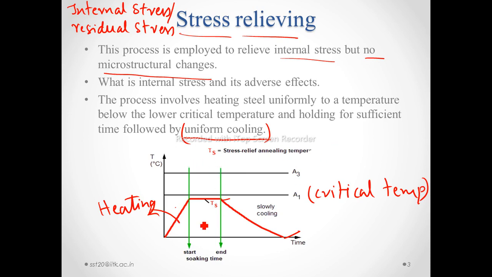This is for normally hypoeutectoid steel. It is about 600 degrees Celsius. If you add any other alloying elements, it will need a higher temperature compared to this temperature, because of the alloying element the stress relieving temperature is increased.